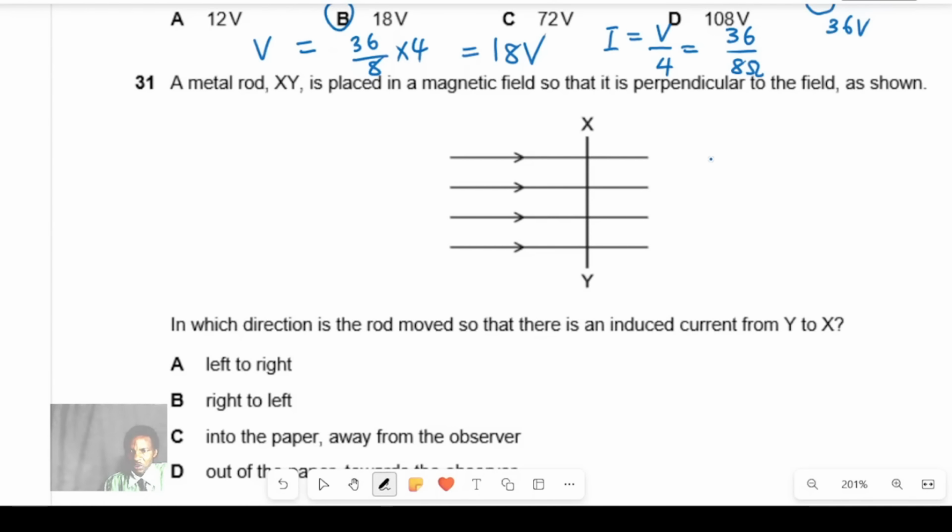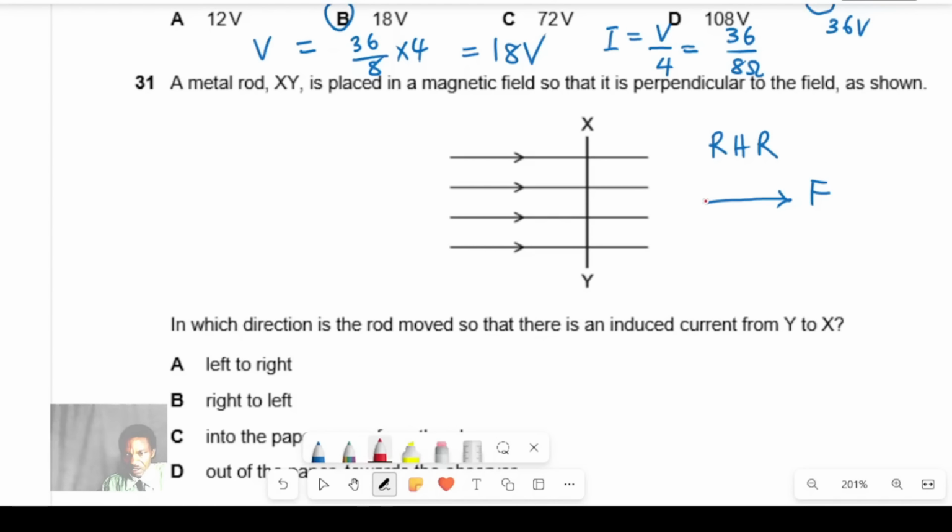So we are going to use the right hand rule. So if you use your right hand rule, if you have the magnetic field going, and then here we have the current going this way.